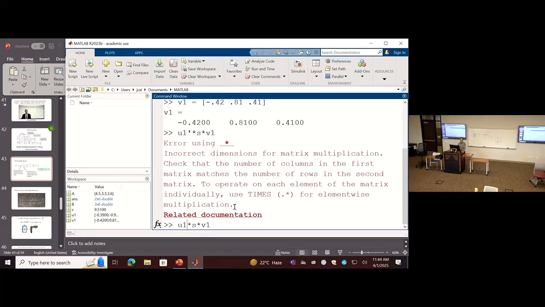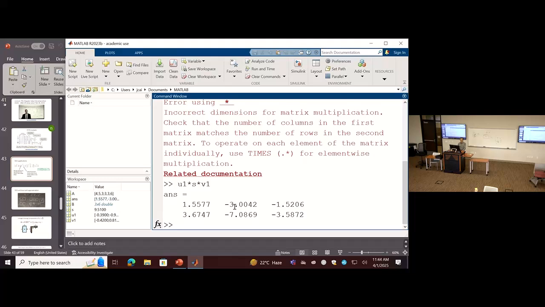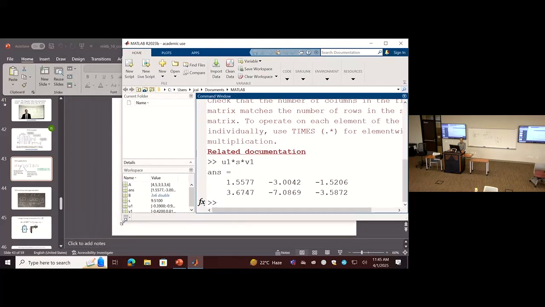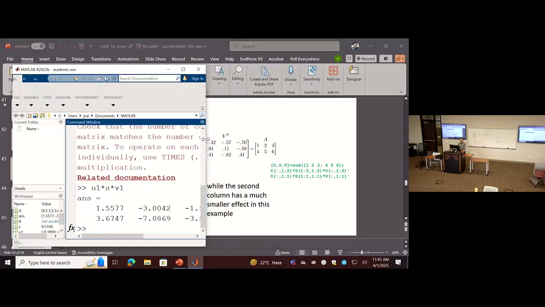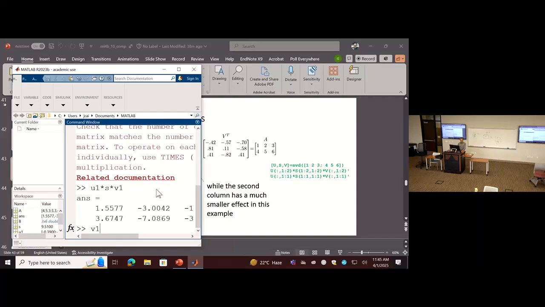Incorrect dimension. Let me do that again. I probably used the wrong dimension of the information, so it should be 5, 7.